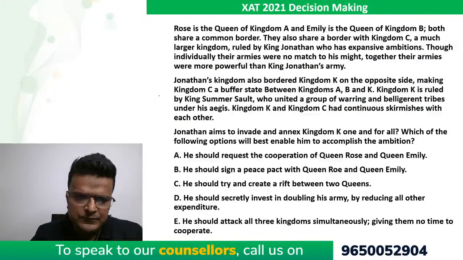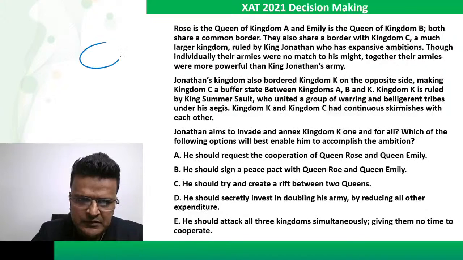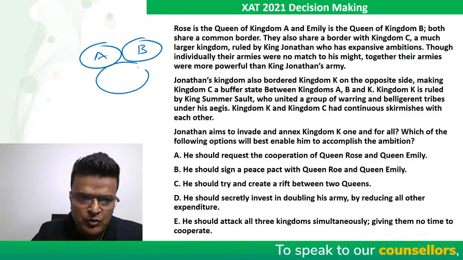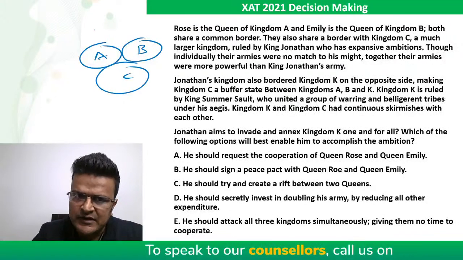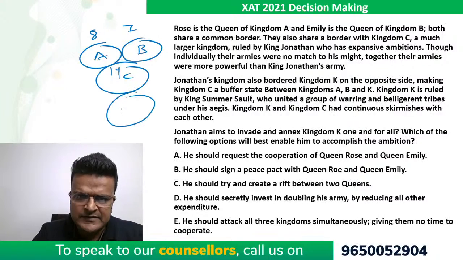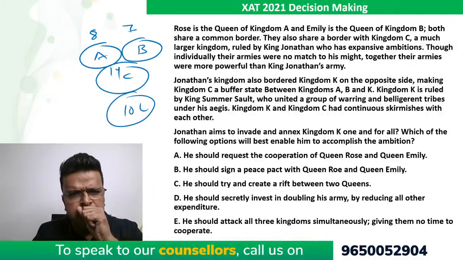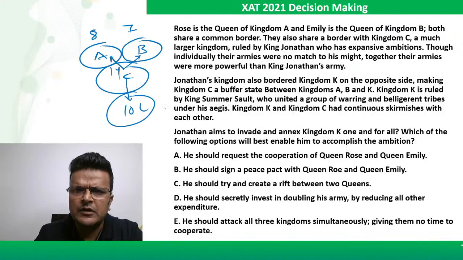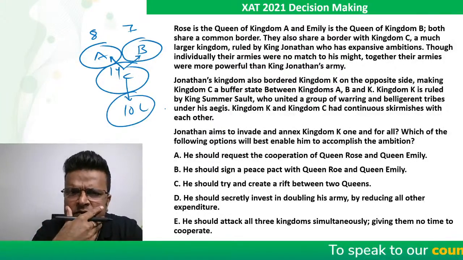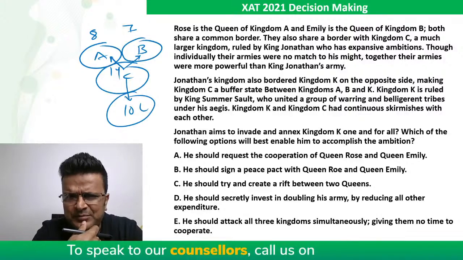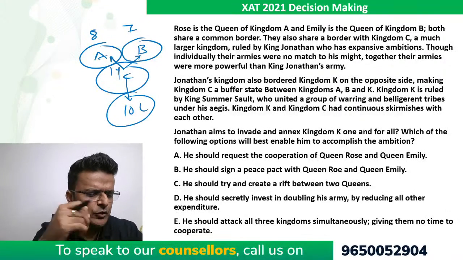I forgot the name, but I hope you understand that A and B together have more power than C has, right? So let's say they are 8, 7 and this guy is 14. And let's say this guy has 10 lakh soldiers. Option E is saying attack all 3. Do you really think it's a suggestion that is worth consideration? Are you not telling C to practically commit suicide?